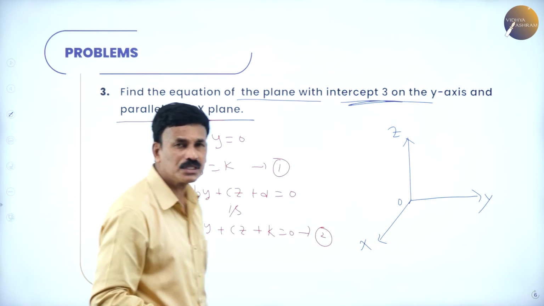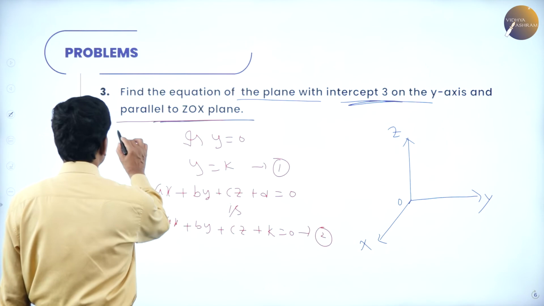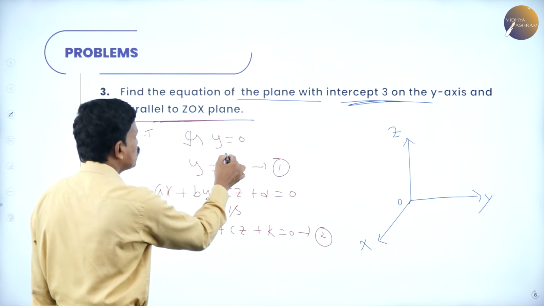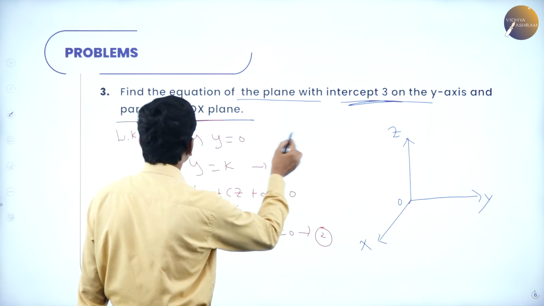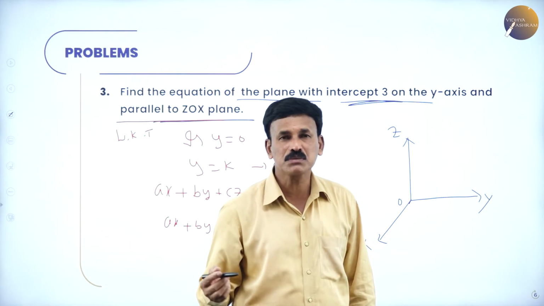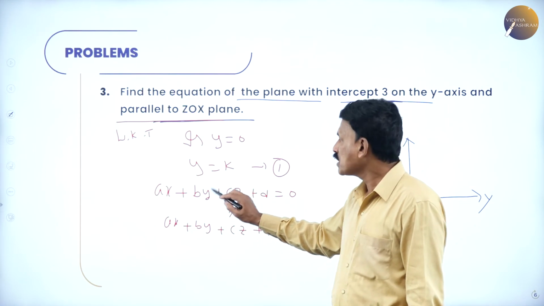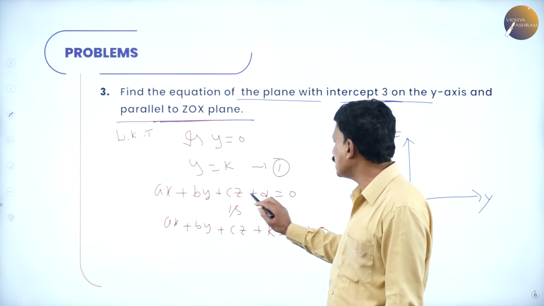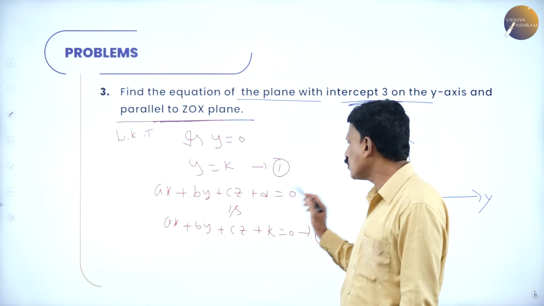This is a very important concept. So listen, I will explain. We know that the equation of the ZOX plane is y is equal to 0. Since the equation of any plane which is parallel to ZOX is of the form y is equal to k, therefore the equation of any plane which is parallel to ax plus by plus cz plus d is equal to 0 is ax plus by plus cz plus k is equal to 0.